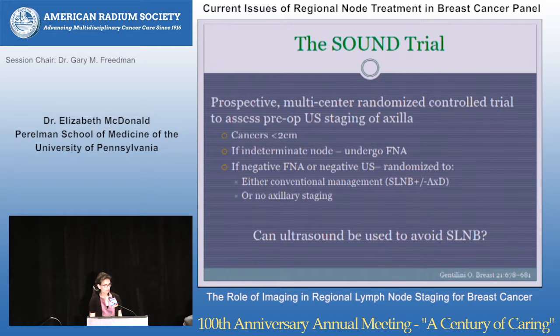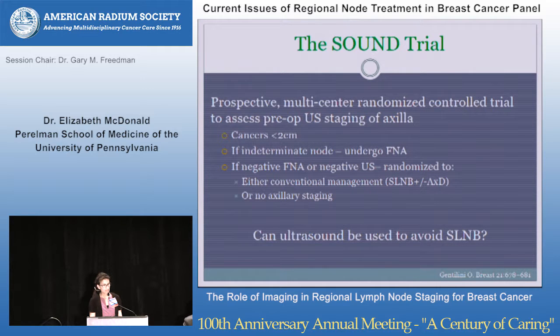So there is a trial to see if there will be some relevance for imaging in axillary nodal staging and if a sentinel lymph node biopsy will be necessary. And this is looking at cancers less than 2 cm, so very early stage cancer. If there's an indeterminate node on ultrasound, they undergo FNA.